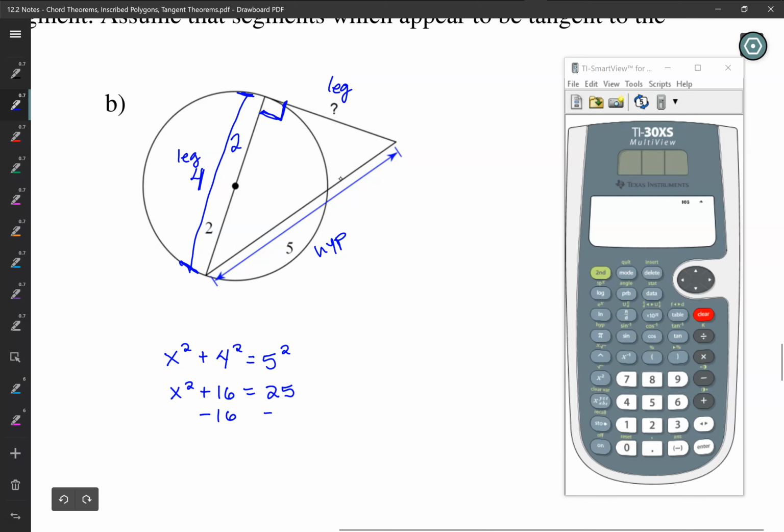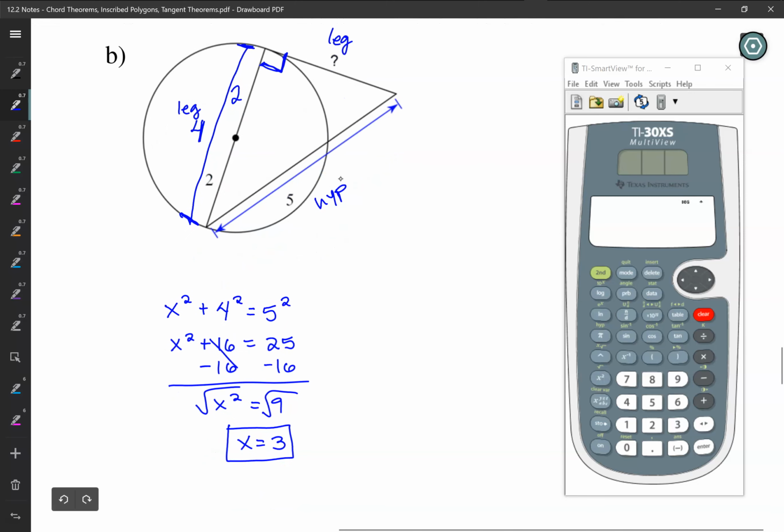Subtract 16 from both sides, and you get x squared equals 9. Take a square root, and you get that x is 3. So you may have to do a little bit of extra thinking to figure out how long the whole side is.